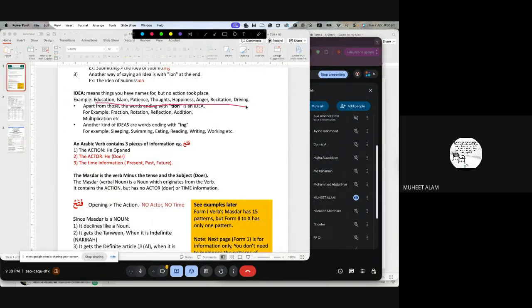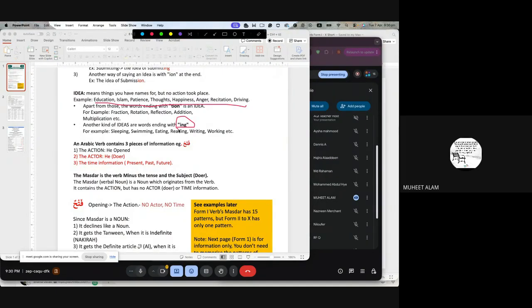Nothing is happening in time, and there is no doer mentioned in these words. Apart from those, words with -tion or -sion are ideas, and another kind of ideas are the words with -ing in English. So this is the definition of idea in English, and this idea is masdar in Arabic.